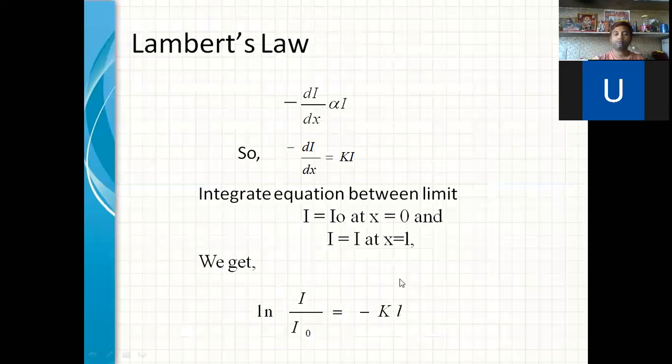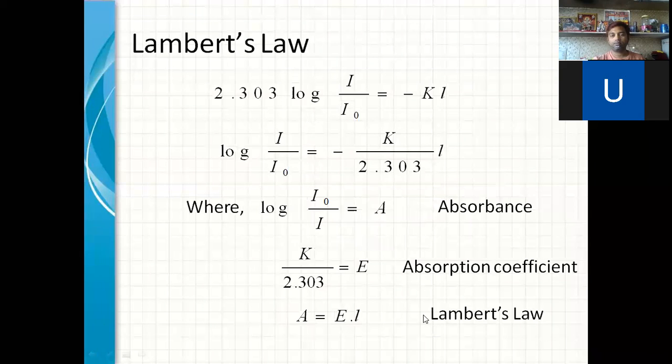According to Lambert's law, minus dI by dx is directly proportional to I. This proportionality we can remove using this k. Then we can integrate using limits, and we get natural log I by I naught equal to minus kl.